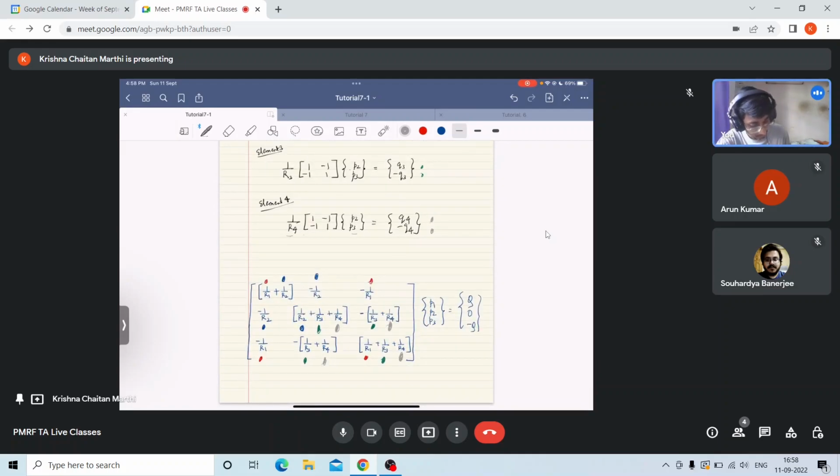Since I have 3 nodes, I got a 3 cross 3 matrix, for p1, p2, p3.